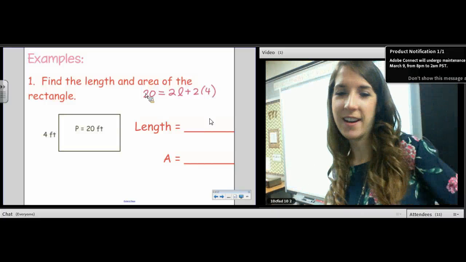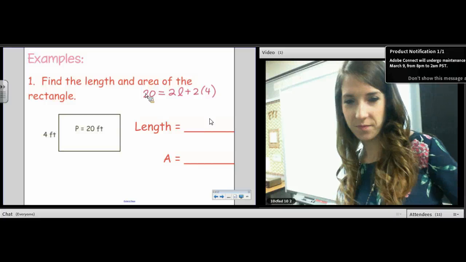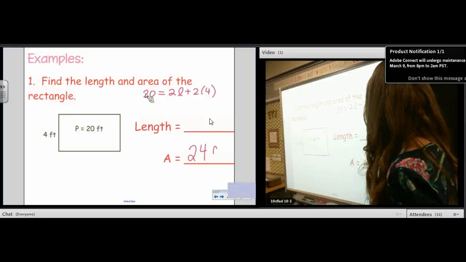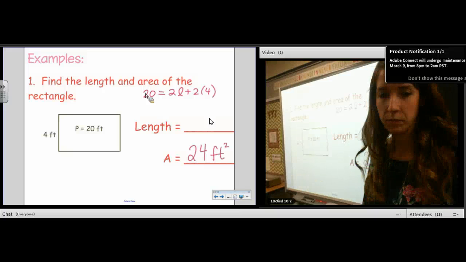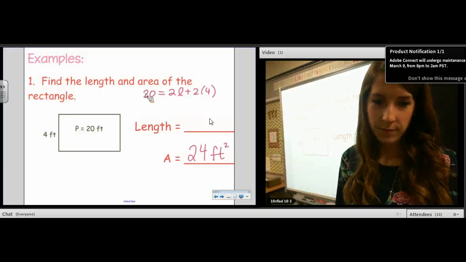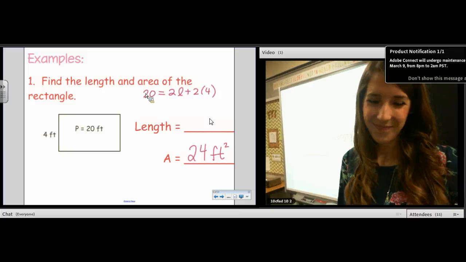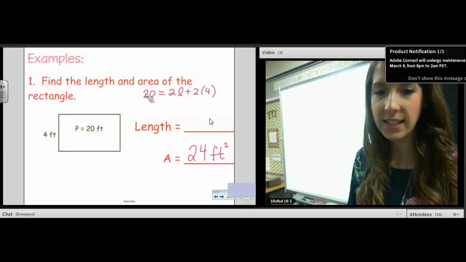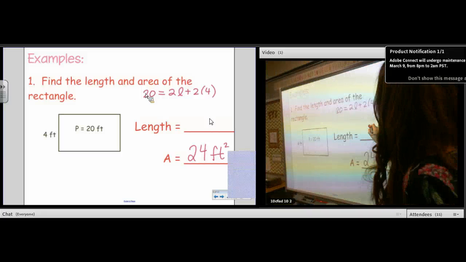Ooh, 24 is the area, okay. Austin, oh, 6, you already got it, 6. Okay, I got it.